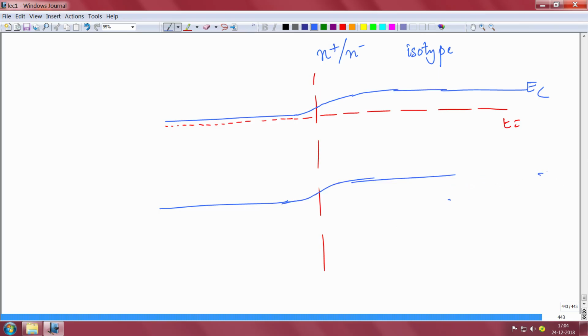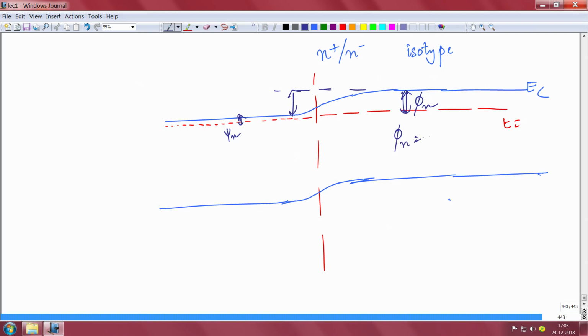We cannot call it exactly depletion, because there are carriers here, it is not depleted per se, it's N type doped only, but the built-in potential corresponds to this quantity minus this quantity.